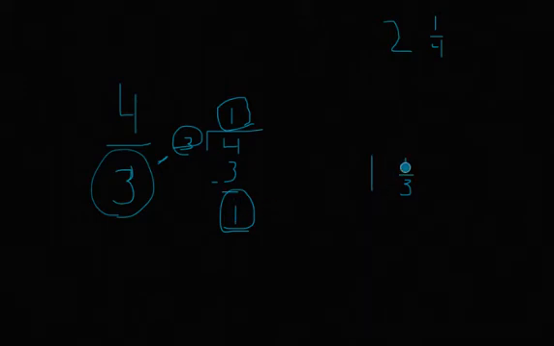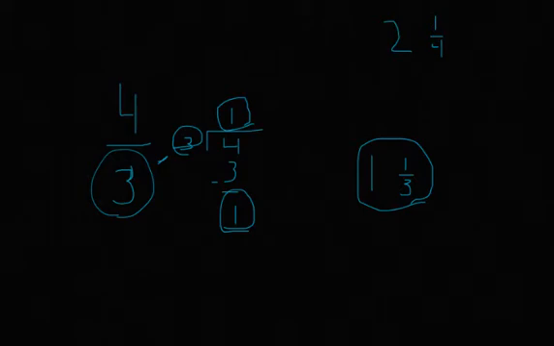This will be our numerator, also known as a remainder. Remainder, it's remaining. So we have our mixed number. 4 over 3 as a mixed number is 1 and 1/3. Big number, or our whole number, and a fraction.